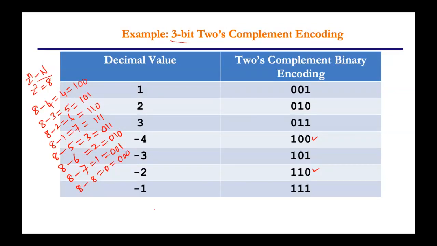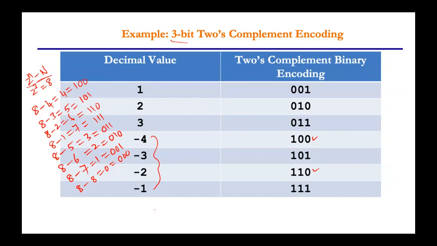So this is the conversion. The positive decimal number is simply its binary representation only. But for a negative number, it takes its two's complement encoding, and that is evaluated with 2 to the power of n minus capital N, where n is the number of bits. Right?